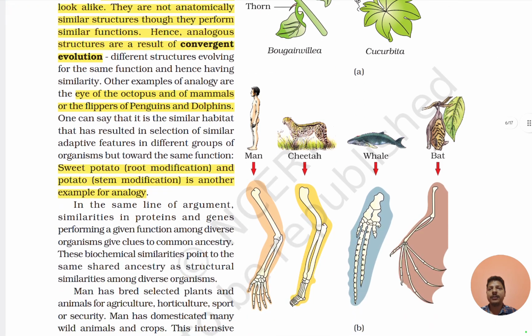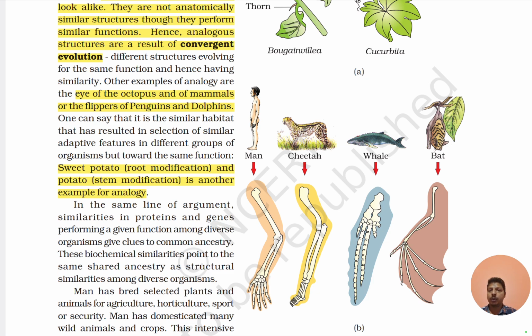Other examples of analogy are the eye of the octopus and mammals, which we have already seen in the diagram, or the flippers of penguins and dolphins. One can say that it is similar habitat that has resulted in selection of similar adaptive features in different groups of organisms, but towards the same function.